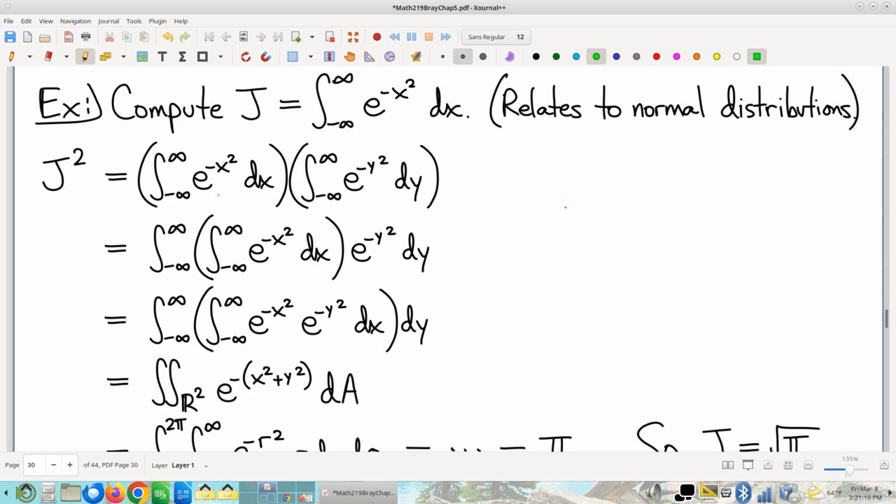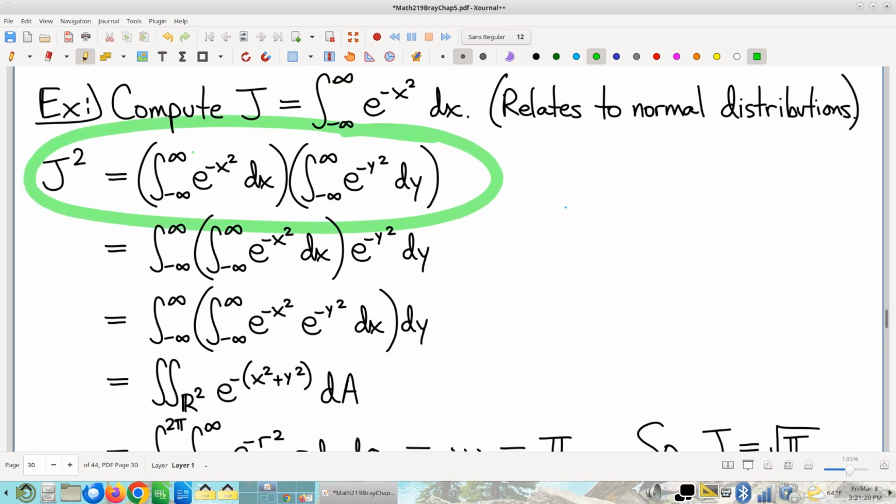So now how are we going to compute this thing? The weird trick is to compute the square of it. I'm going to multiply it by itself of all weird things. And when I do that, I can do the following little fast ones.